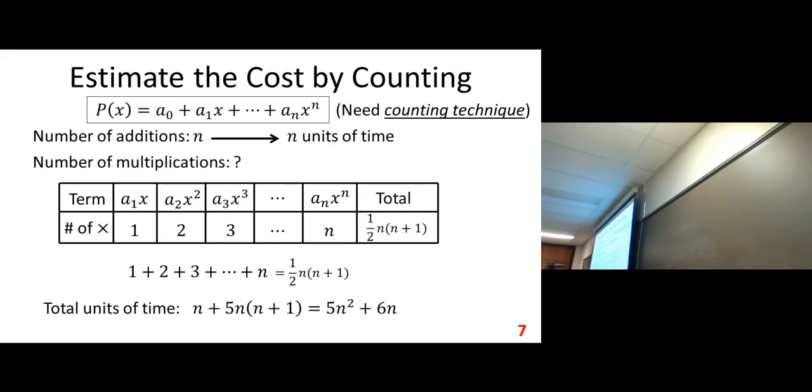10 times 1/2, you get 5. After some simplification, we get an expression: 5n squared plus 6n. That's a very precise number. Here you can see, if we have this expression, we do not need to know what computer you use. A supercomputer, it doesn't matter.